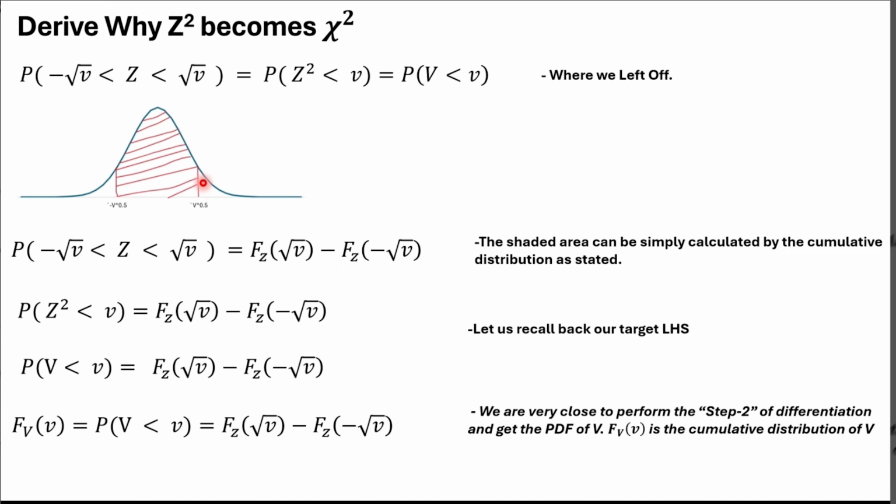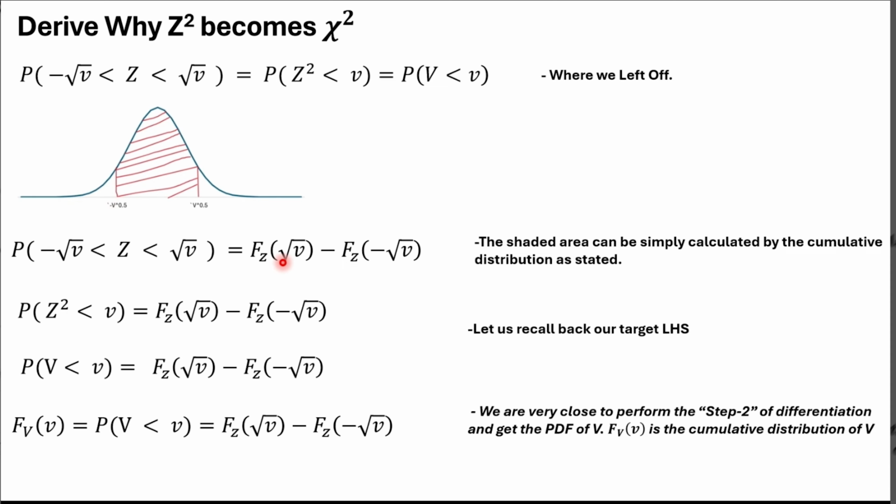Now, if we recall the cumulative distribution definition, F_Z of square root of v is basically the probability of the random variable to occur from the values minus infinity to the positive square root. So it's this whole thing on the left, including the tail part. And what is F_Z of minus square root of v? It starts from the minus square root of v point all the way to the tail part.